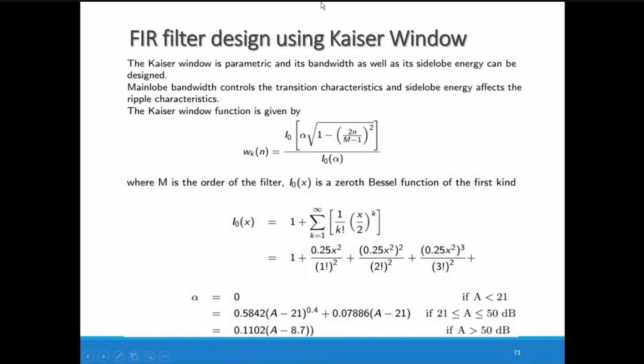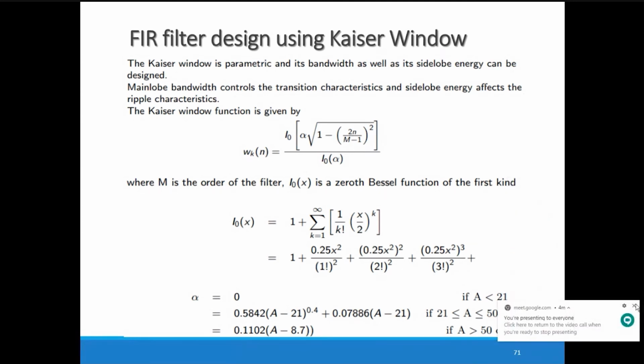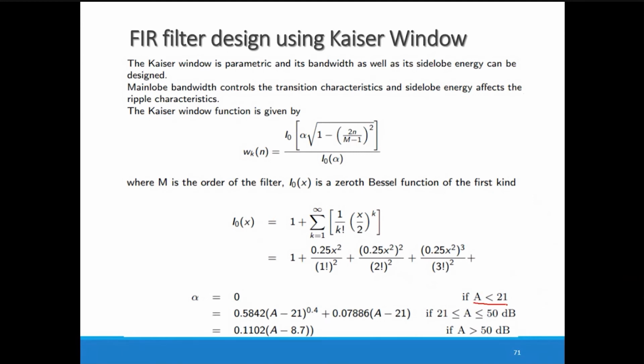Okay, another parameter is alpha. Based on the value of A, I will show you how you will calculate this. Based on the value of A, you have to select the alpha. There are three options, and among these three you have to select any one value. If your A value is less than 21 dB, then you have to select alpha equal to 0.